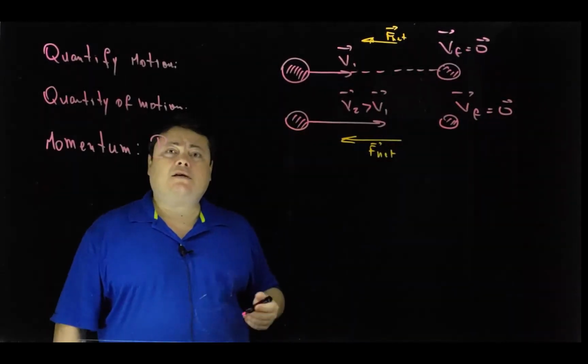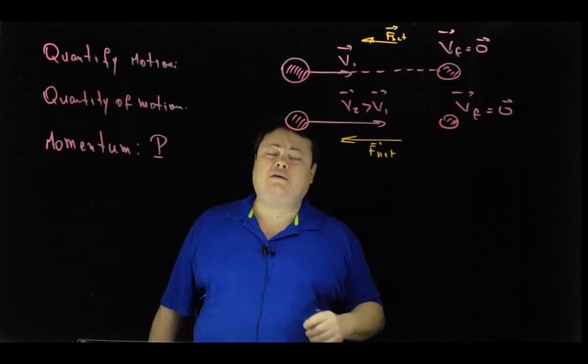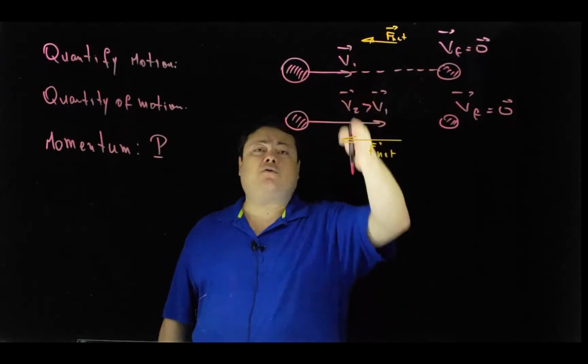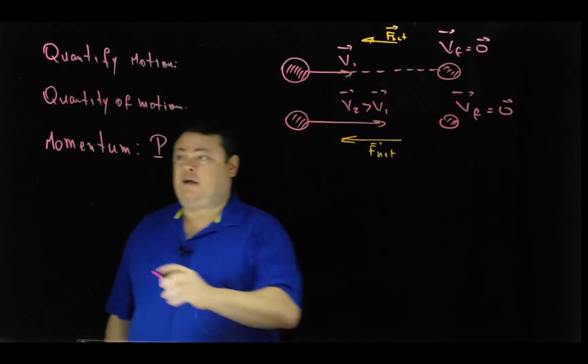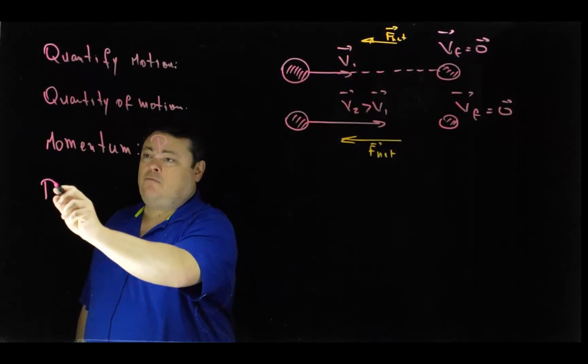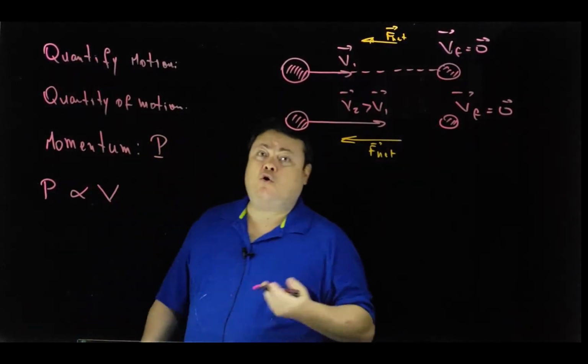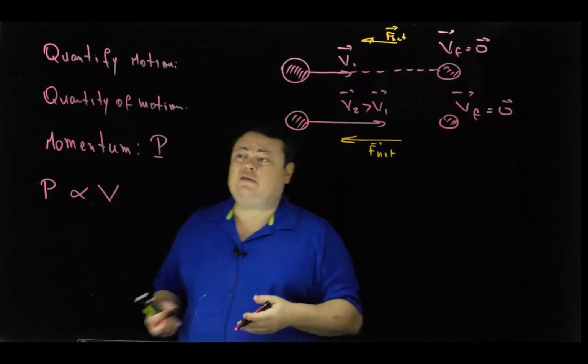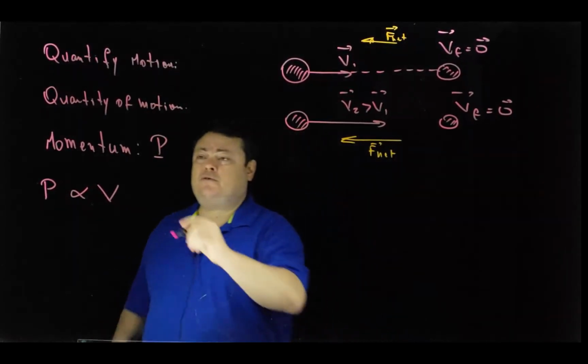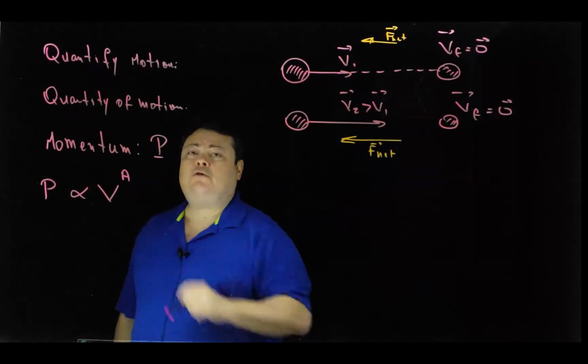And then I can say that the momentum of my system is going to somehow increase with the velocity. So momentum is somehow related to the velocity or speed. Now I don't know if that is linear, quadratic, cubic, so I'm just going to call this v to the a power.